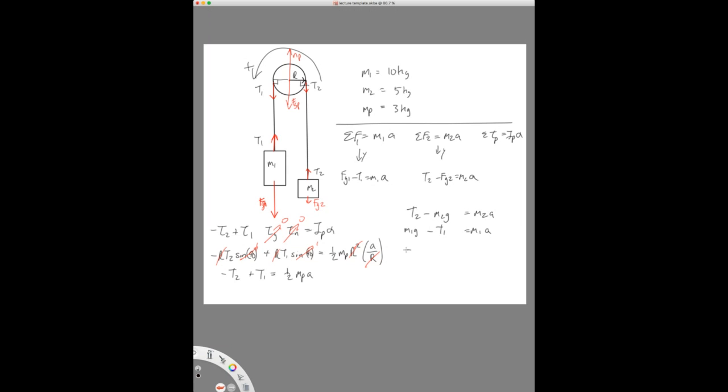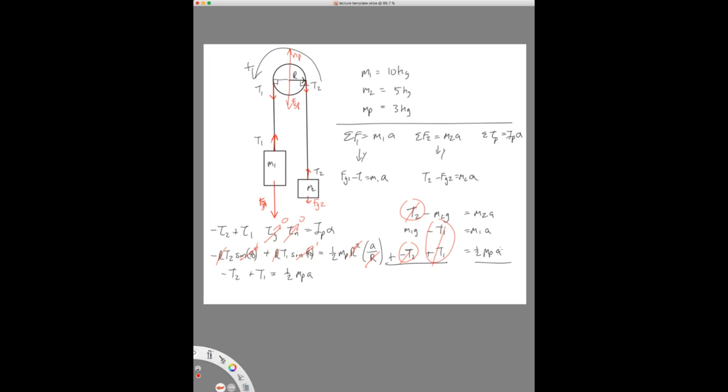And then we have minus T2 plus T1 equals 1/2 mass of the pulley times A. And we try to just add these equations. And like magic, it just goes away. The tension, that is. Not the coronavirus. The tension goes away like magic.